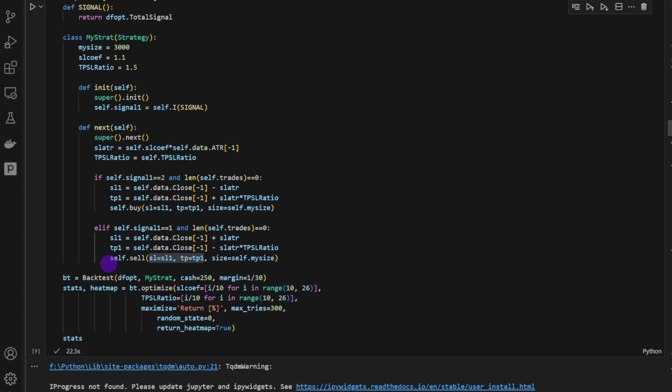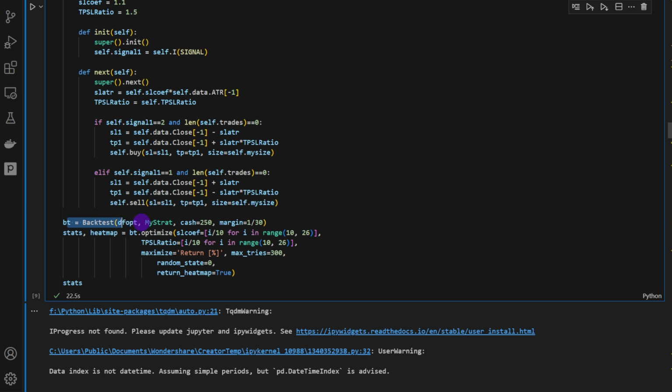Then using this class, we can define a backtest here. So we're starting with cash of $250, let's say, and a margin of 1/30, so it's a leverage of 1/30, defining MyStrategy. So we're passing MyStrategy as an input parameter, and the data frame where we have the open, high, low, and closing prices. Then we have stats and heat map. So we're going to use these for our optimization, and we're going to optimize the strategy using this function.